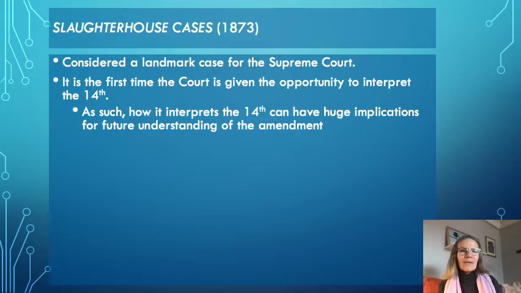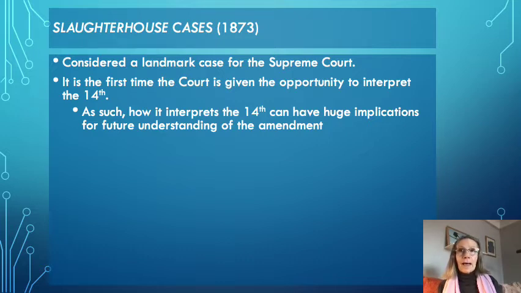landmark case. So one of the reasons why it's a landmark case is it's the first time the court is given the opportunity to interpret the 14th Amendment. So check out that date, 1873, and the 14th Amendment was added in 1868.